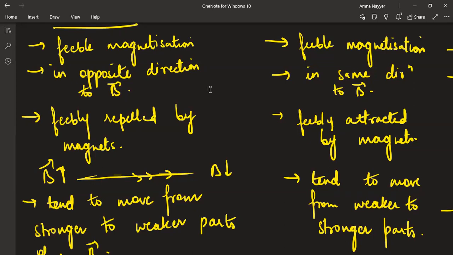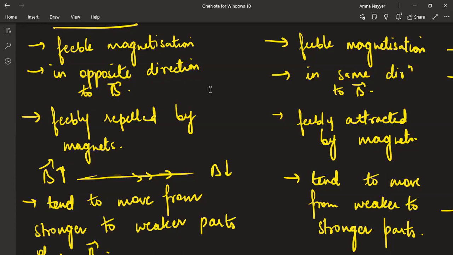Right, and anything else left from this? Permeability is one thing left: it will be between 0 and 1, slightly less than 1, for diamagnetic, and more than 1 for paramagnetic, and for ferromagnetic finally you have mu greater than mu naught.